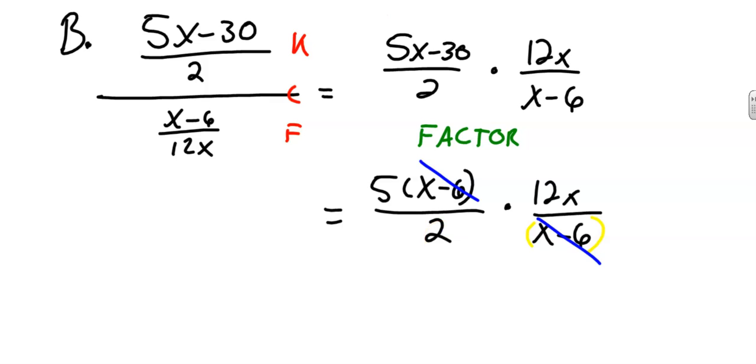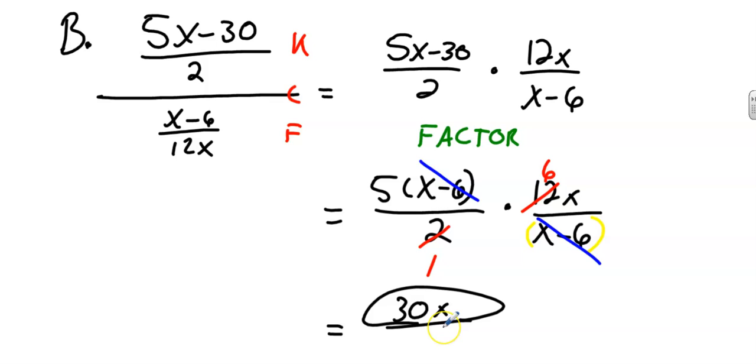With the 2 and the 12, you can divide those both by 2. So at the end, we've got 5 times 6 for 30x. And on the bottom, there's just a 1 times 1, so there's really nothing in the bottom left over other than 1. So for that one, it's just 30x.